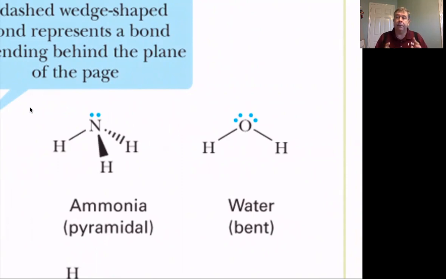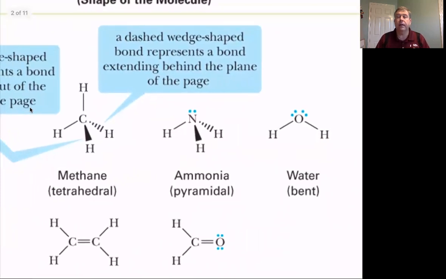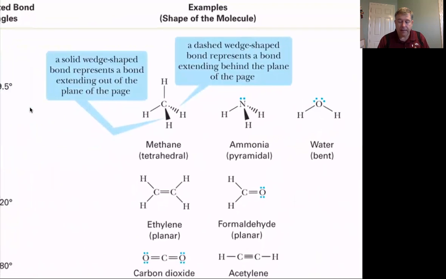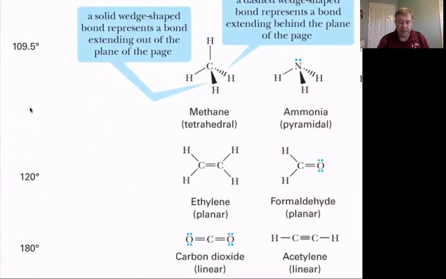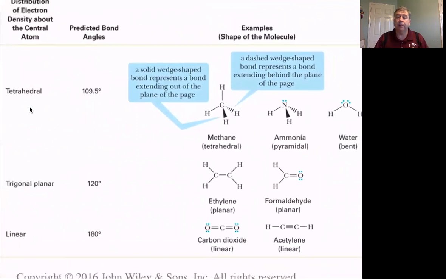So we have to keep in mind the electronic configuration versus the molecular configuration. In the electronic shape of all of these 3, they are tetrahedral, but they have different molecular shapes.